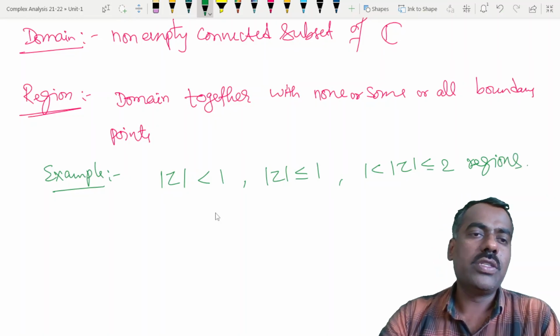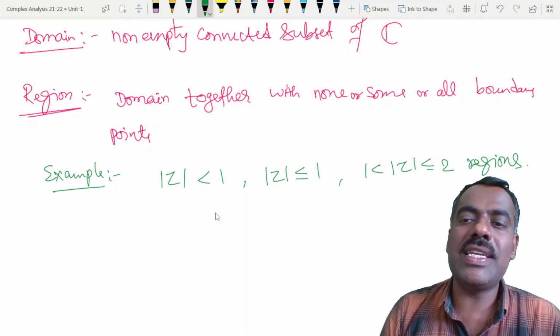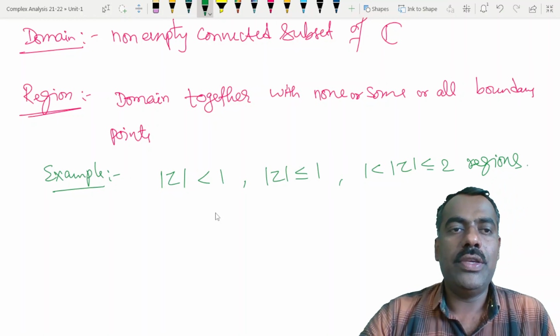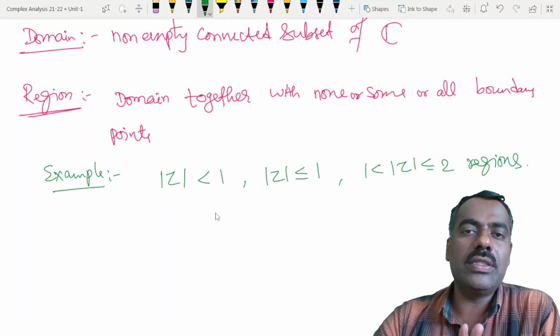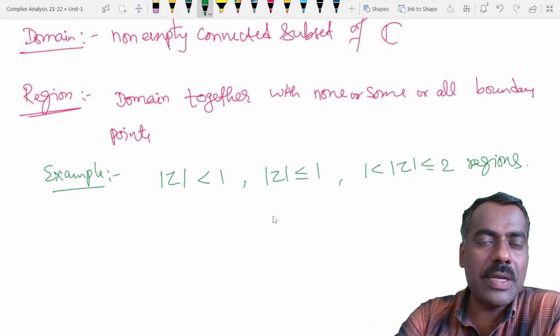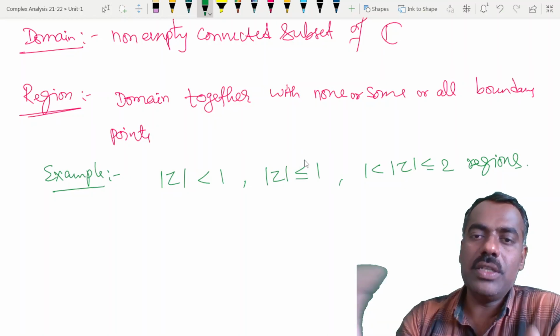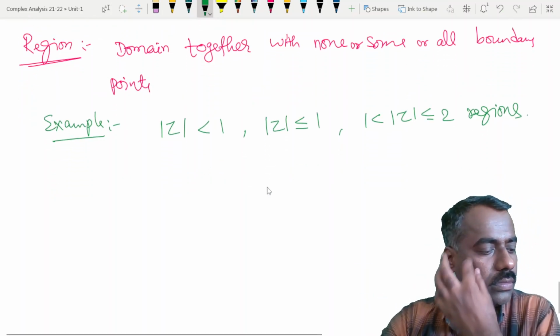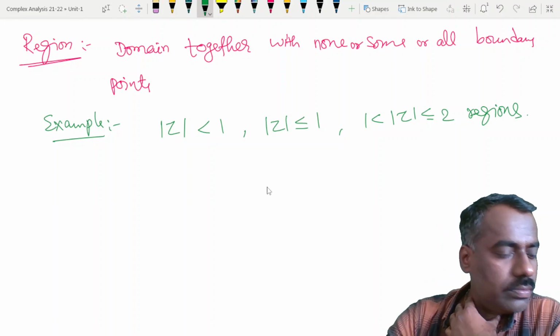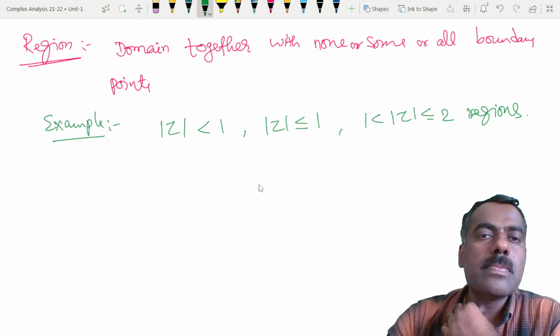The only difference between domain and region is that you are adding some boundary points to that domain. Then it is not a domain, but you will call it a region. Any problem?